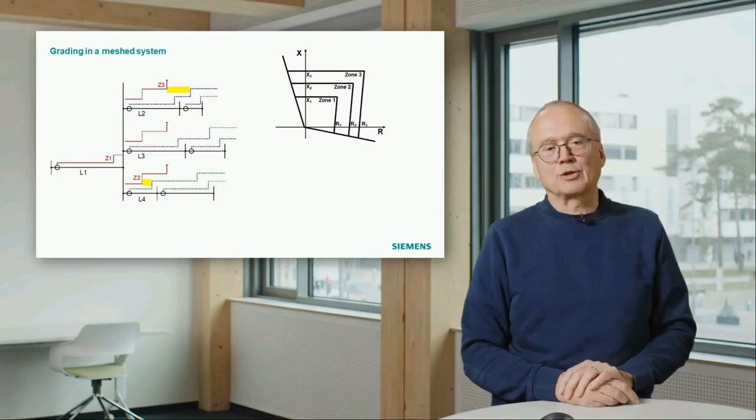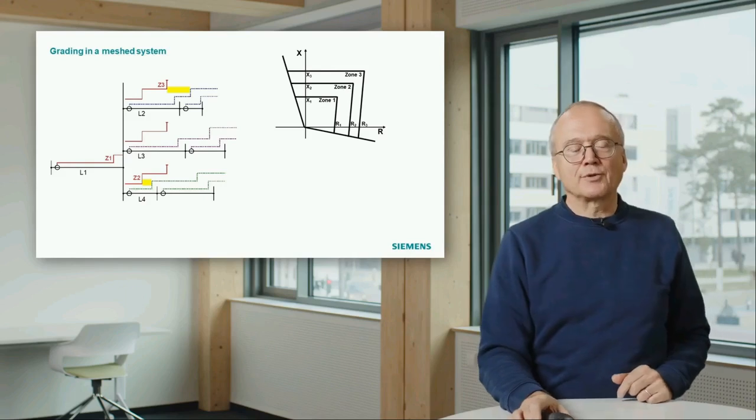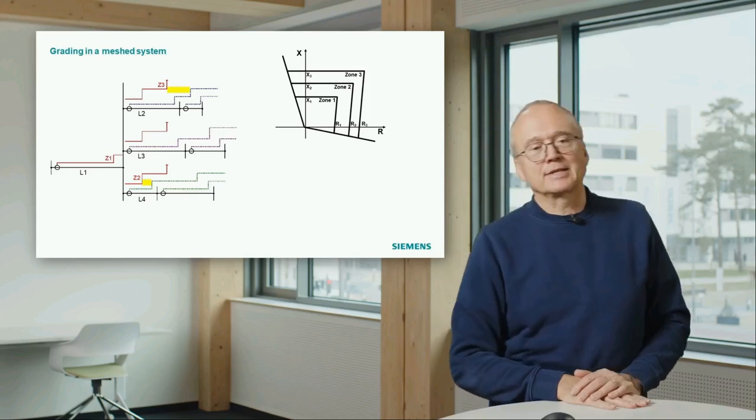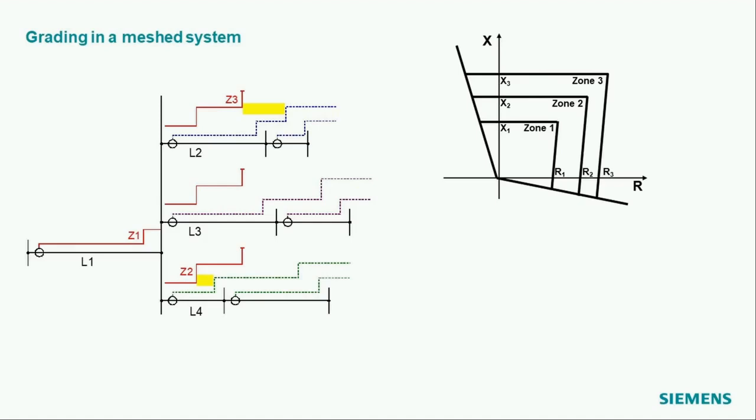They have different length, and the grading must take into account the length of the shortest following line, and that is in this case L4, and you see this yellow arrow there, which indicates that with the reach of zone 2 of our line 1, we must keep a certain distance to the zone 1 end of line L4.